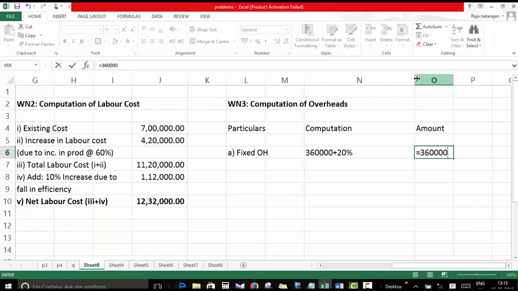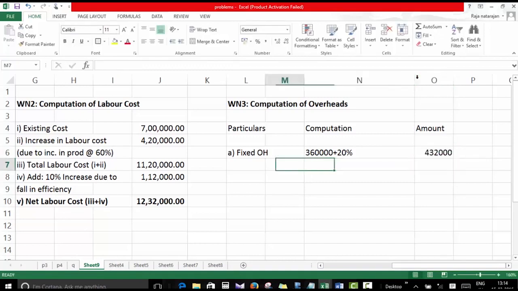I'm sorry, I was wrong in that calculation. So I can say this is for 100, what is for 20%? So what I can do is multiply with 120%. That tells me my fixed overheads will be 4,32,000.